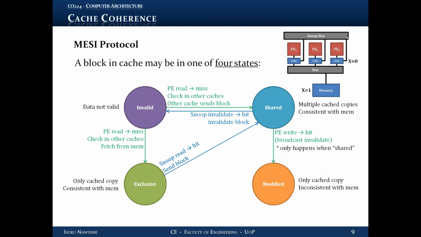So an invalidate signal is broadcast through the snoop bus. Other cache controllers listening to this snoop bus see the invalidation signal. Cache 1 had a copy, cache 2 didn't have a copy. Cache 2 just ignores the invalidation signal. Cache 1 sees the invalidation signal, and its state was shared.